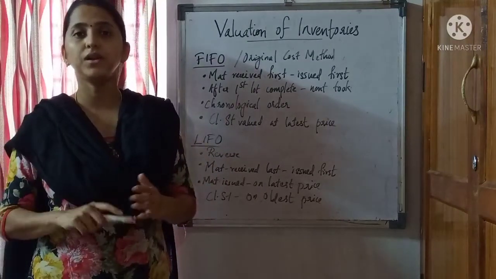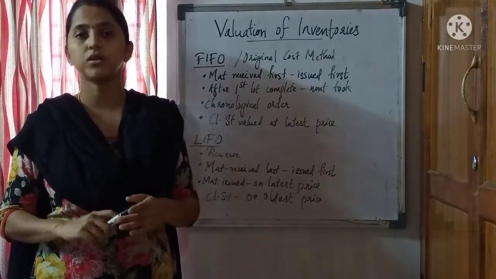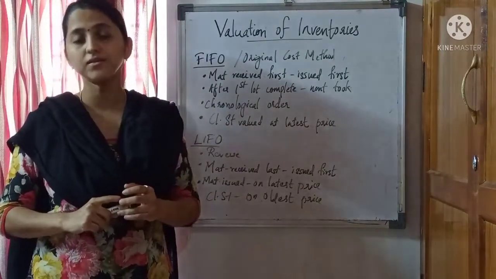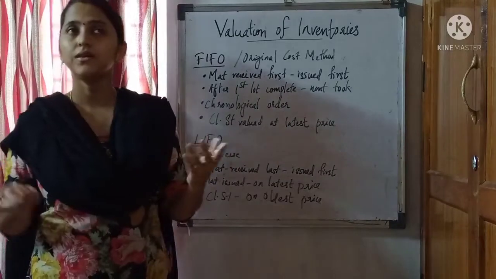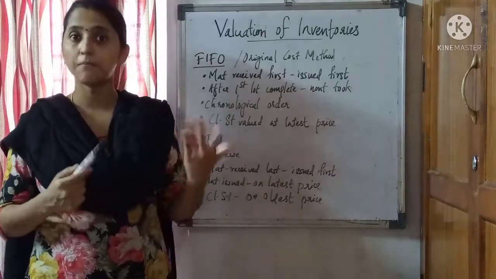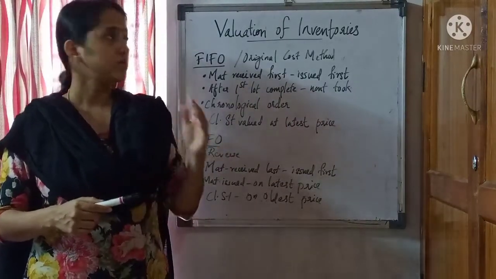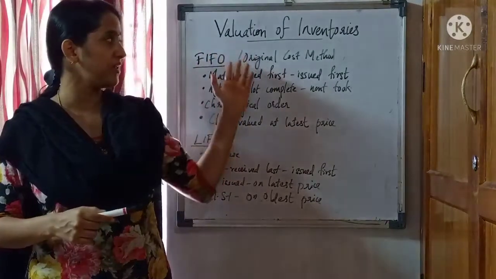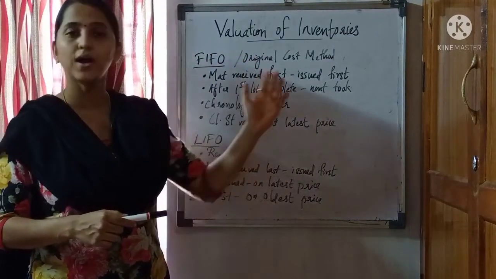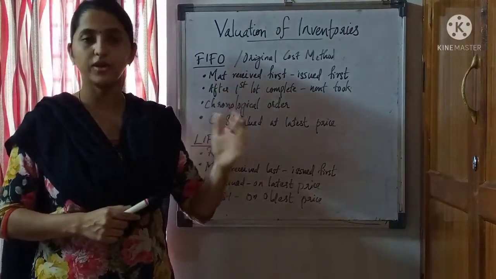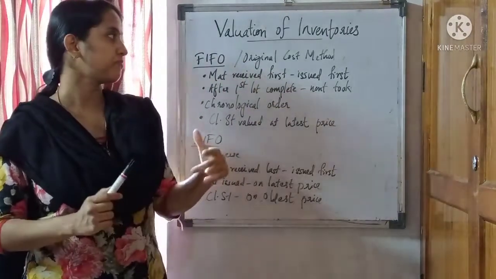There are mainly different methods for valuation of inventories. They are FIFO method, LIFO method, average price method, base stock method, etc. Mainly we have to discuss FIFO, LIFO and weighted average price methods.